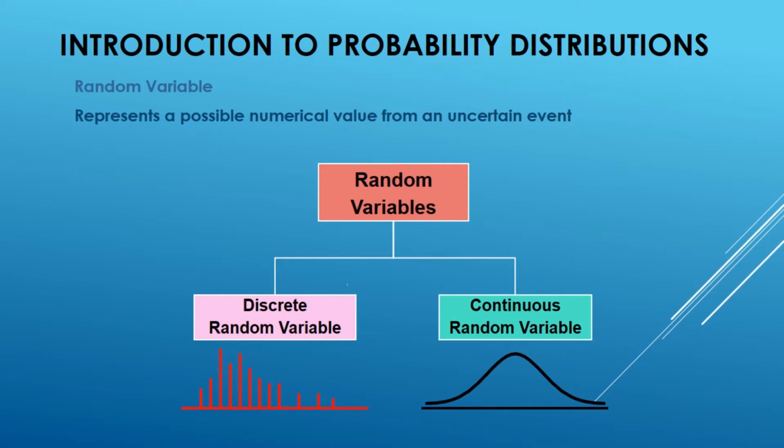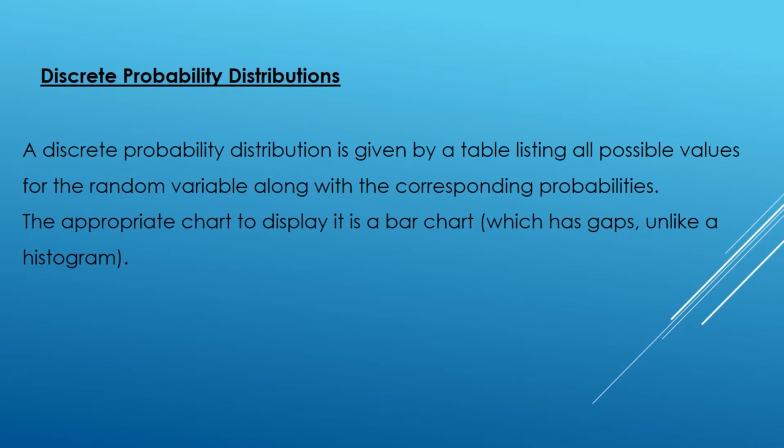It's not like a histogram, which is continuous data, but bars representing probabilities that can occur at different points. The continuous one would have everything under a curve. A discrete random variable is given by a table listing all possible values for the random variable along with the corresponding probabilities. The appropriate chart to display it is a bar chart, unlike a histogram.